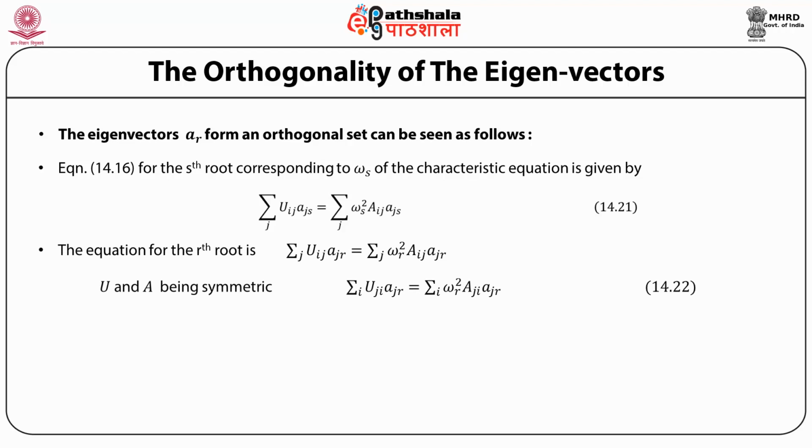Now, U and A being symmetric, we have sum over i of U_ji a_ir is equal to sum over i of omega_r squared A_ji a_ir.